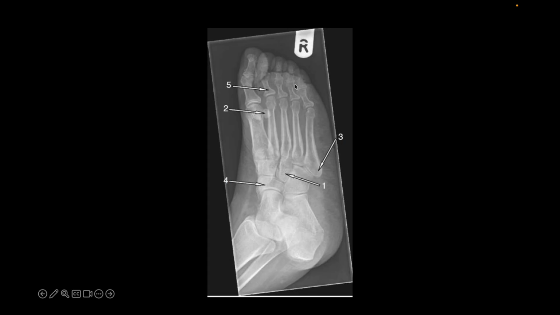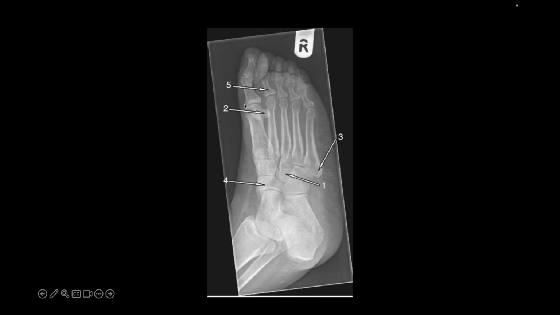So this is a right foot radiograph. This is an oblique view. You've got your talus here. The bone that articulates with that is your navicular. It's pointing to a bone just medial to your cuboid bone, and so that's your lateral cuneiform. Here it's pointing to the base of the fifth metatarsal. You can call it a tuberosity or base of the fifth metatarsal.